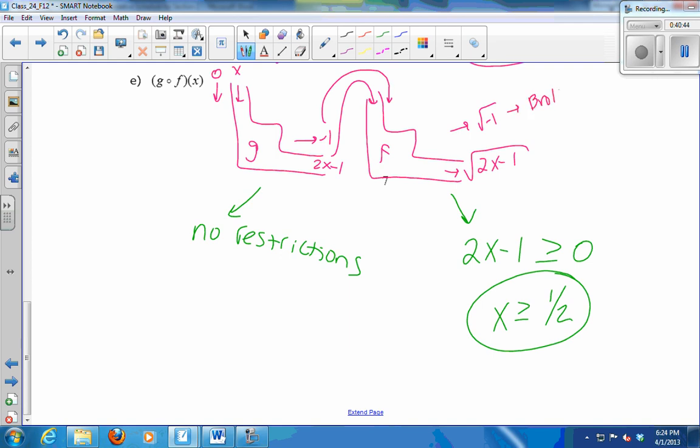I broke the f machine. So g has no restrictions, which means I have to think ahead about what to put into g to make sure I don't break the f machine. So I can only put in x bigger than or equal to 1/2, or 1/2 to infinity in interval notation. Does that make sense?